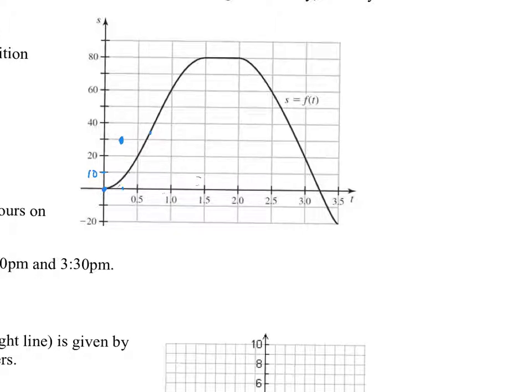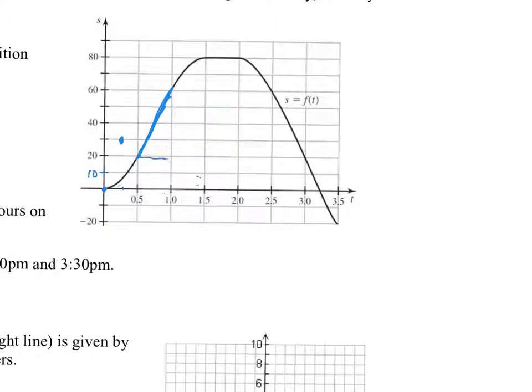Say at some point here this is a pretty straight line. When you have a straight line, that means the derivative, the slope of the tangent, pretty much coincides with this line. So therefore the velocity is actually constant. The derivative is the same everywhere on this segment.